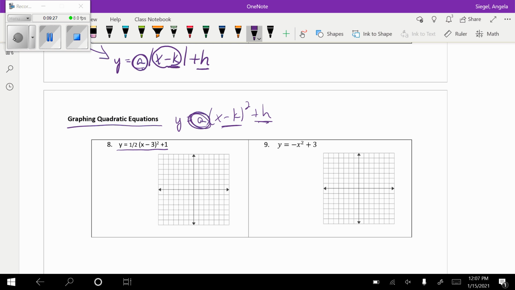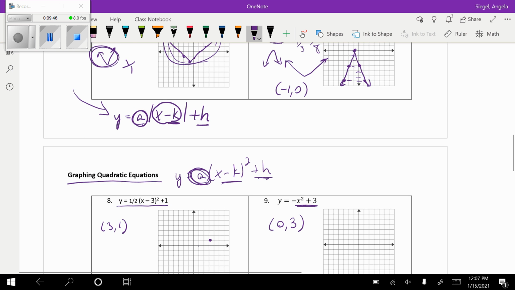So here my vertex is going to be 3, 1. Over here, notice that there's nothing in the parentheses, so it's just going to be 0, 3. So let's start there. 1, 2, 3, 1. That is my starting point.